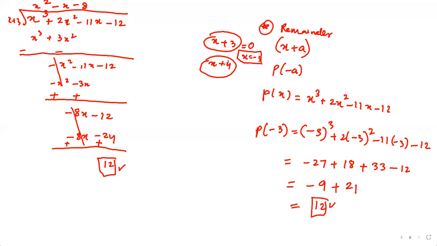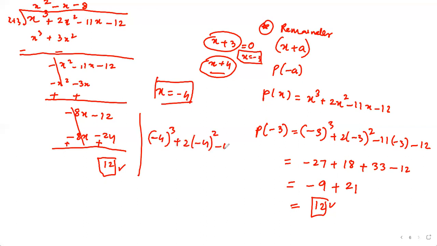Similarly, now I'm pretty sure if I wanted to find out what the remainder is when you divide by x plus 4, in that case, you're going to replace x with negative 4. So replace x with negative 4, kids, and you get negative 4 cubed plus 2 times negative 4 squared minus 11 times negative 4 minus 12. And see what we get after this.